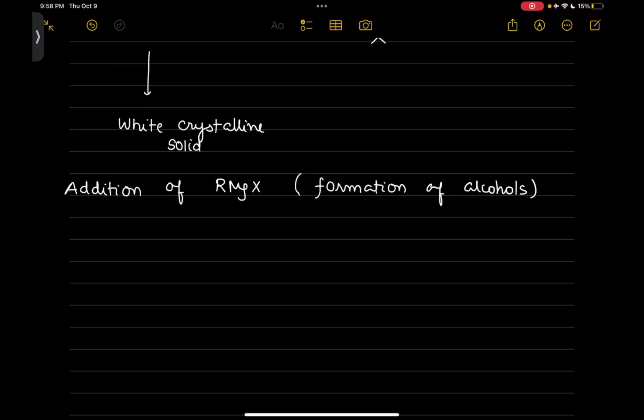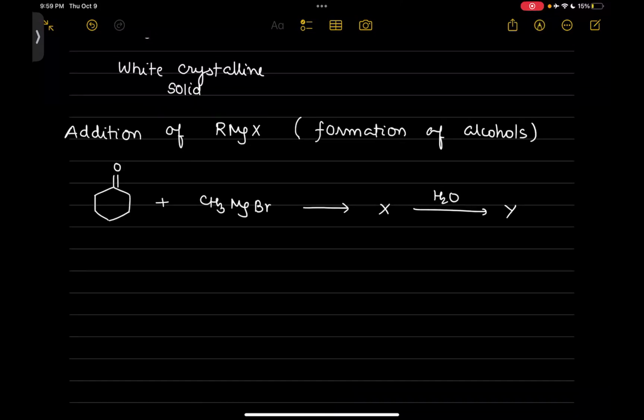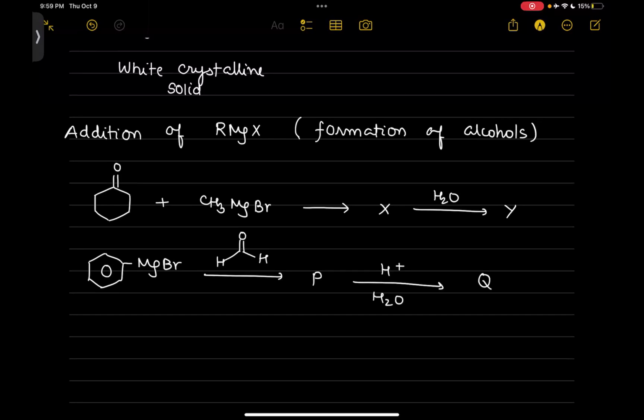I am just taking it so that you can quickly recap. For the sake of practice, I have taken different aldehydes and ketones. Got it?